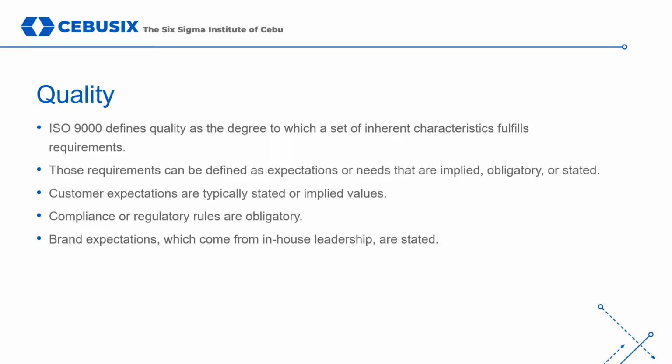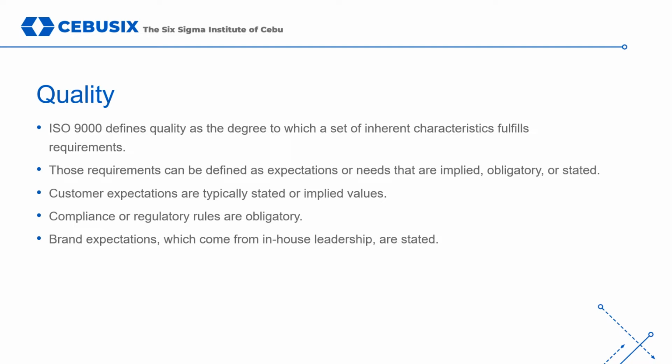A Six Sigma team should be interested in requirements generated by all interest points, but often focuses most on those generated by the customer. Customer expectations, which are typically stated or implied, are a form of customer requirements.